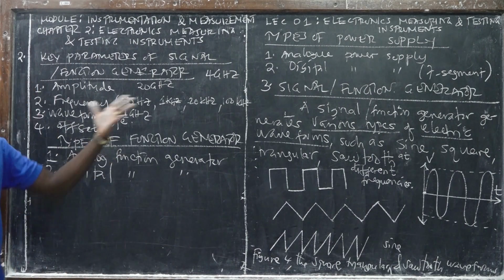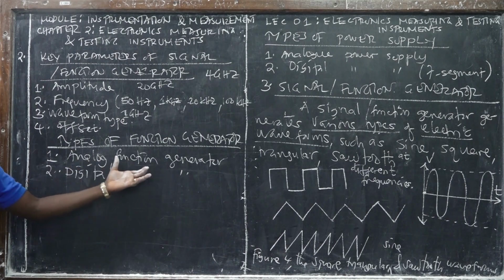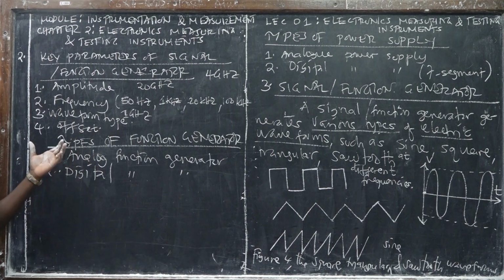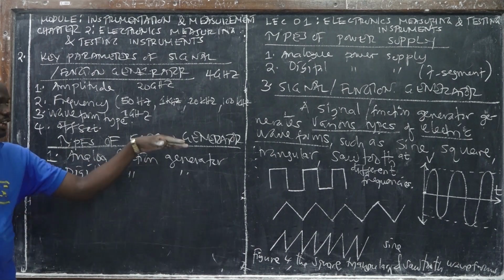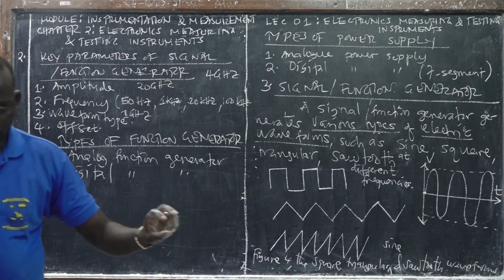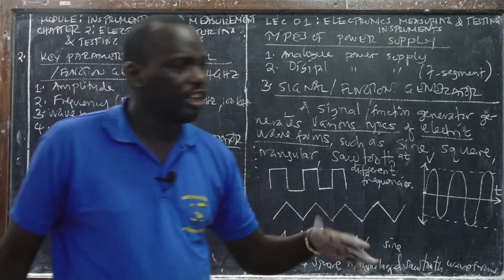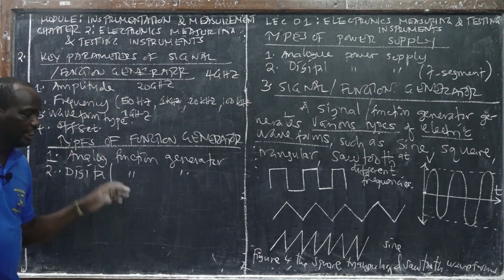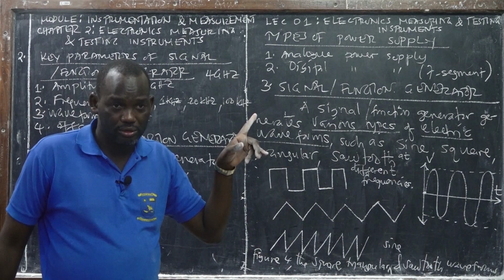I have taught you previously about analog and digital measuring instruments, and we said that analog instruments have a scale and a needle. So a function or signal generator is an exception to that principle.